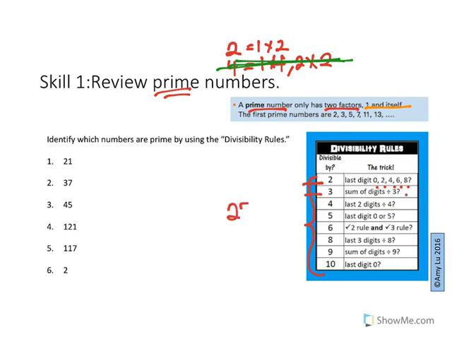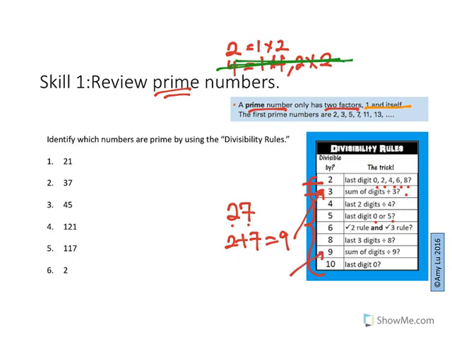For example, 27, when you add up 2 and 7, it makes 9, and yes, 9 is divisible by 3. For 4, the last two digits are divisible by 4. 5, clear rule, ends in 0 or 5, and so forth. So just take a moment to read through these rules and try to understand them.